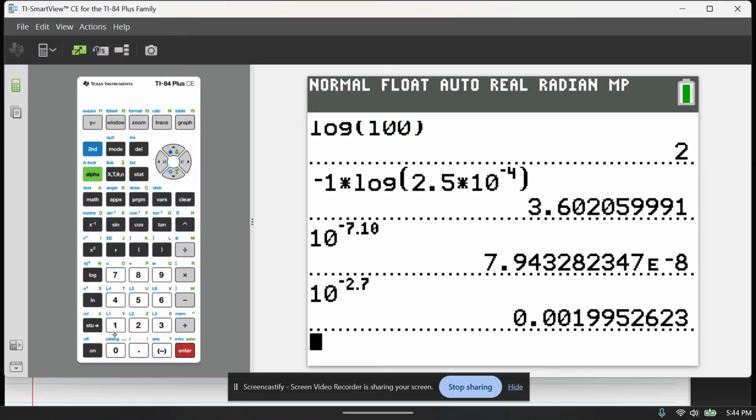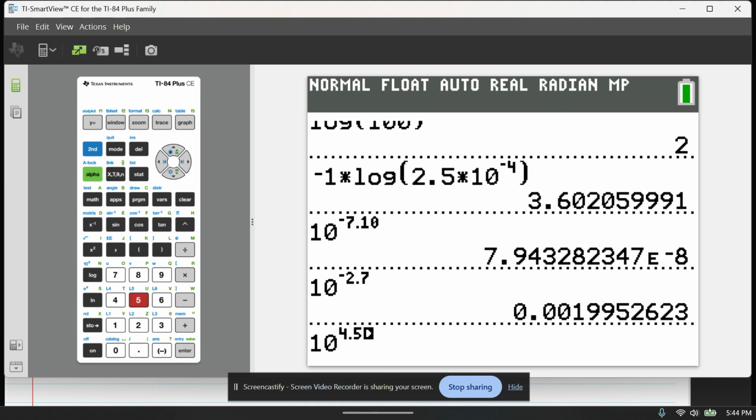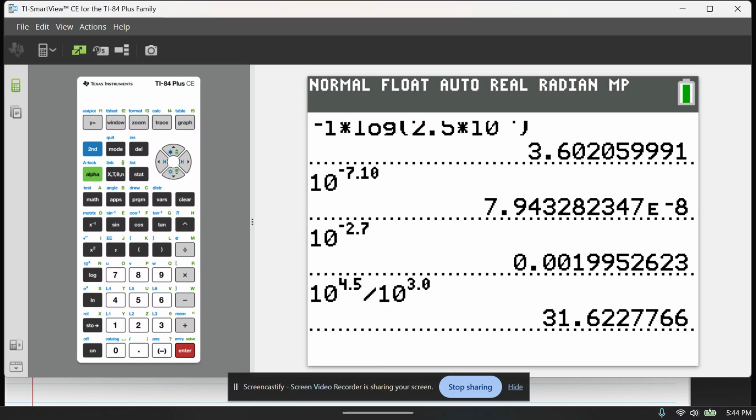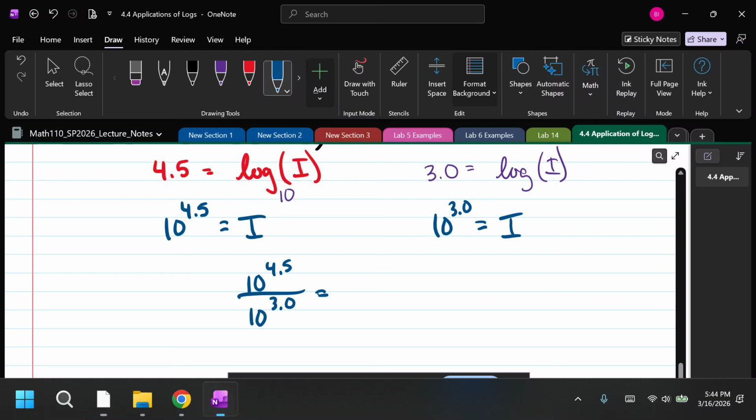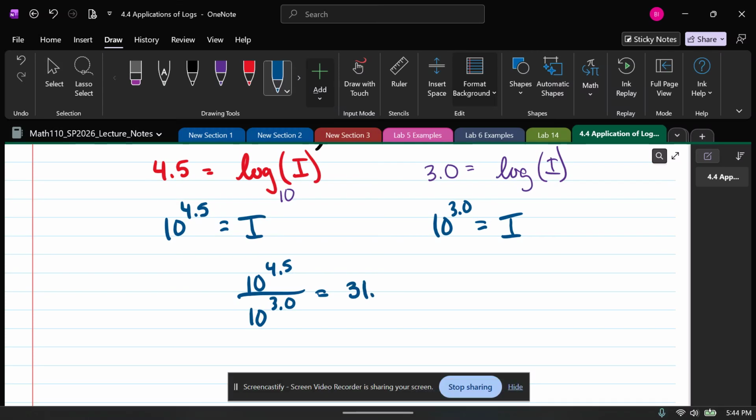So 10 raised to the 4.5, whoops, I didn't get my raised-to button, divided by 10 raised to the 3.0. 31.62 times as intense.